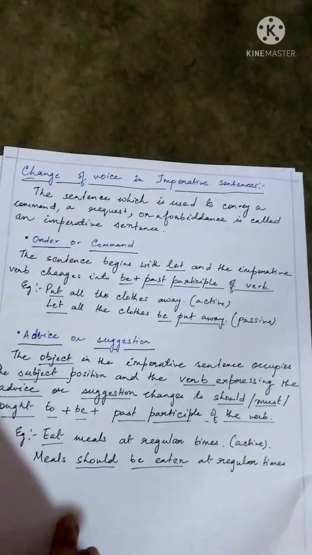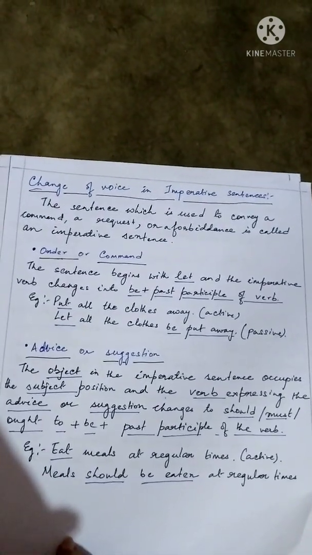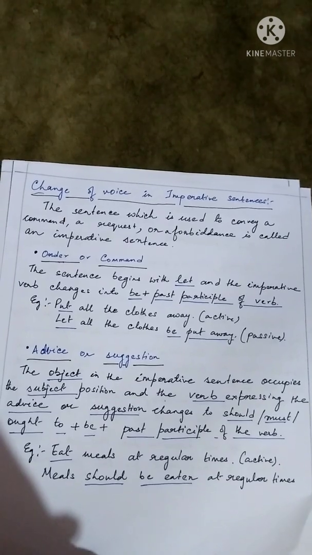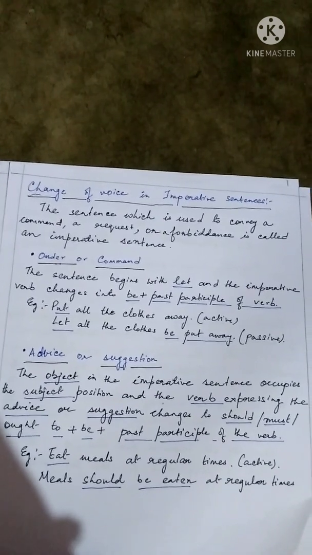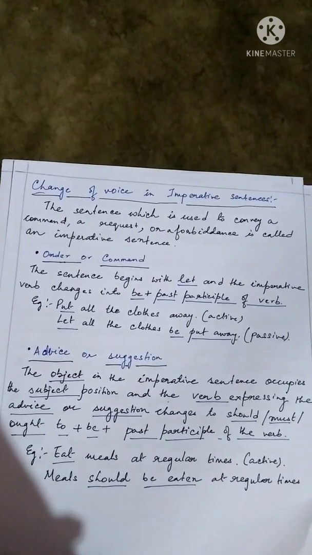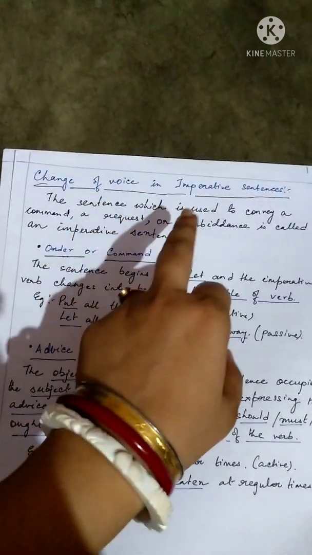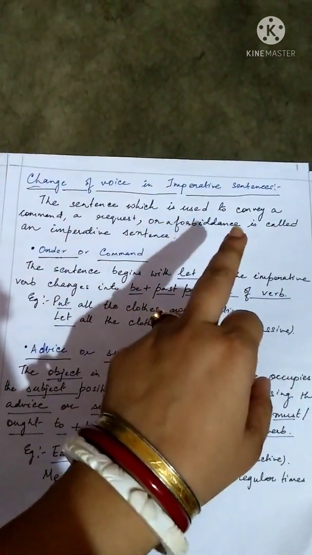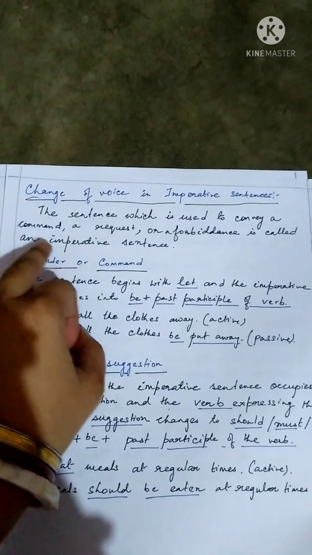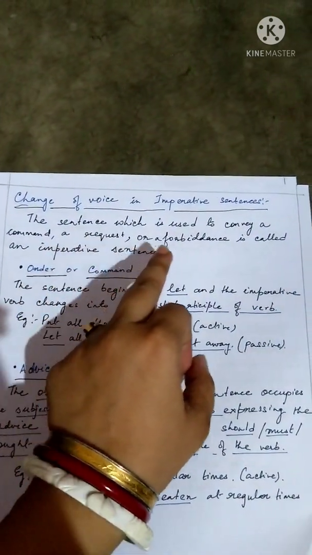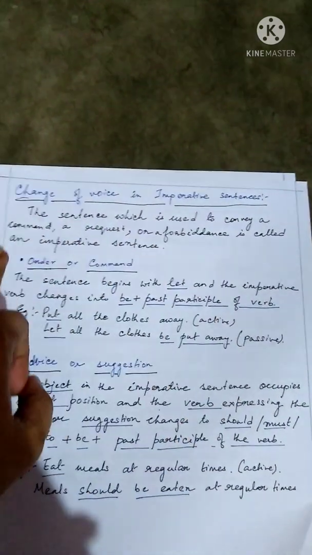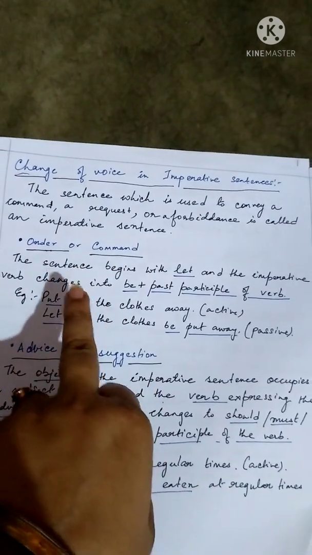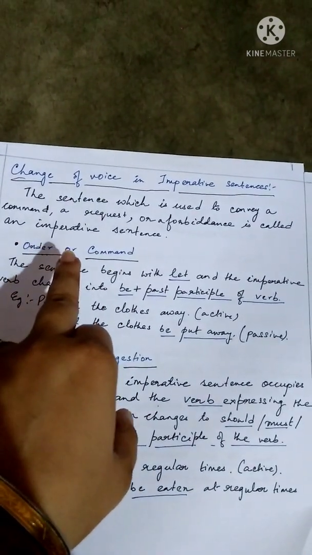The last very important topic under voice, that is change of voice in imperative sentences. The sentence which is used to convey a command, a request, or a forbiddance is called an imperative sentence. Under that, the first one is order or command.